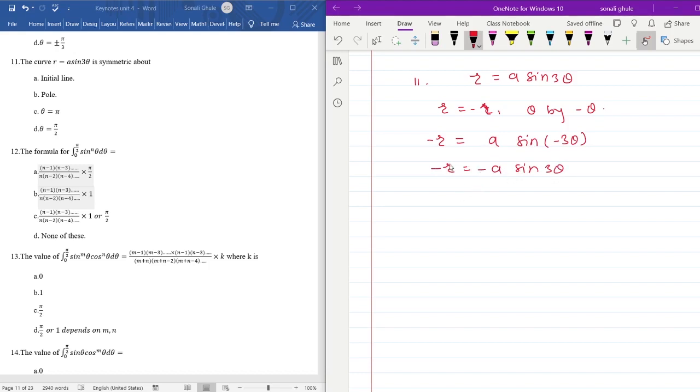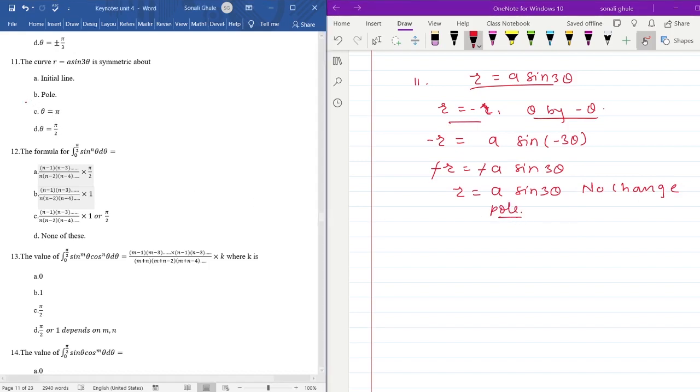Our curve is not going to change, the minus signs get cancelled. After doing this replacement, we get the same curve again, right? So there is no change. So the symmetry is about the pole. Okay? So your correct option is B here. There is a symmetry about the pole.